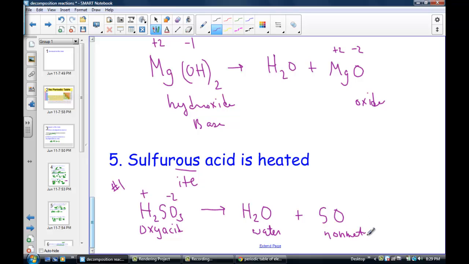The non-metal oxide. So how many S's do you count on the left? You're right, there's one of them. How many O's? Well, there's 3, but remember we used one already in the water, giving us the remainder of 2. We made sulfur dioxide, SO2.